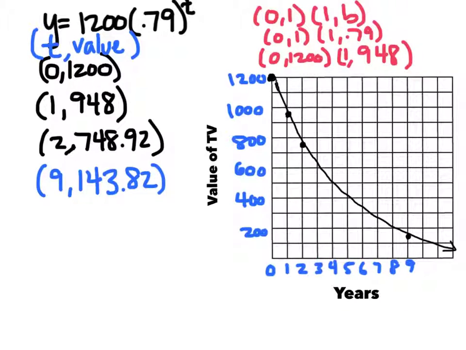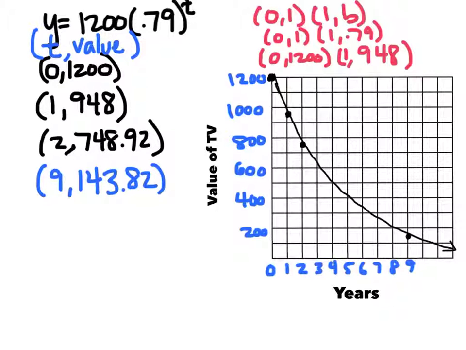Where's the asymptote here? It's at 0. Why is the asymptote at 0? Because there's no k. Since there's no k, it's never 0. If you're always taking a certain percentage of something, it won't get past that 0 since we didn't shift down at all.